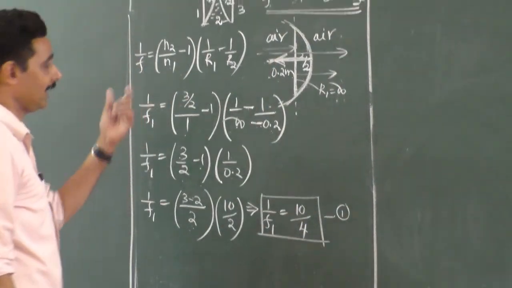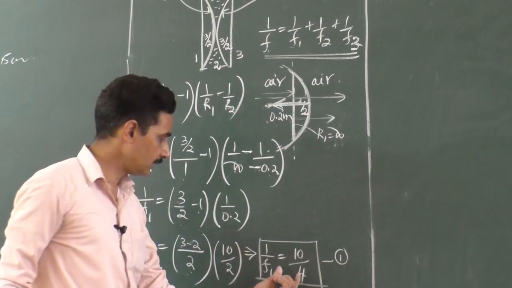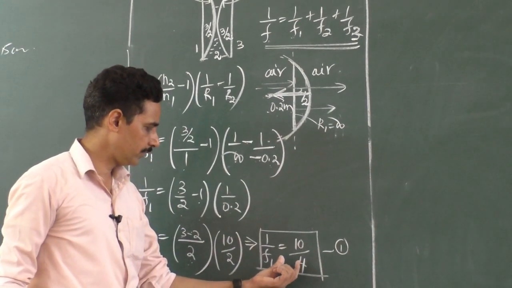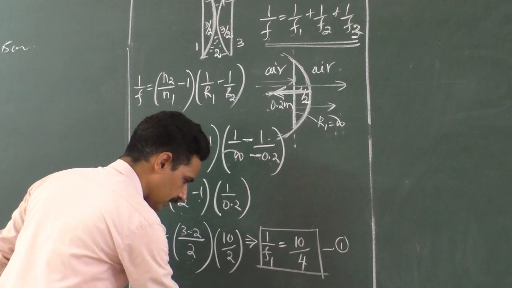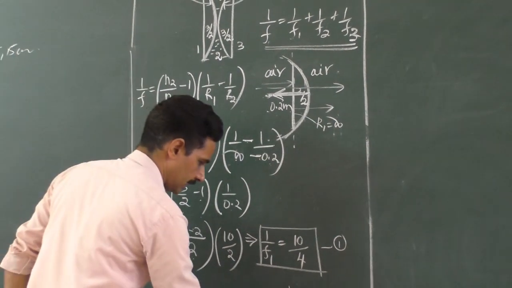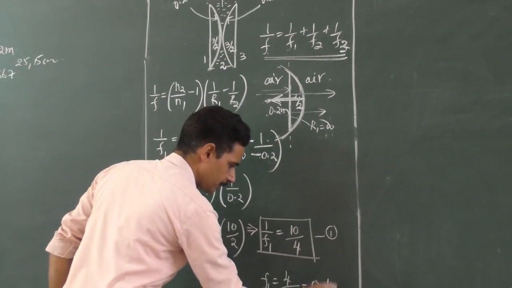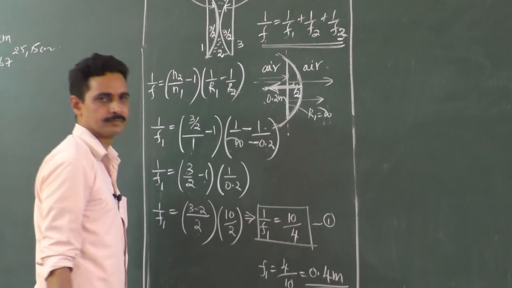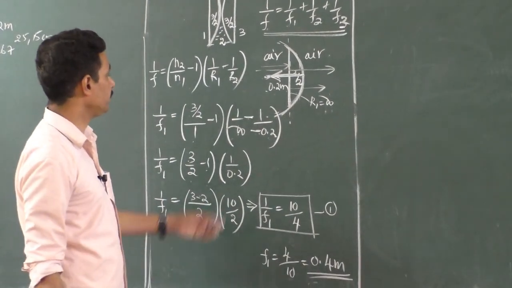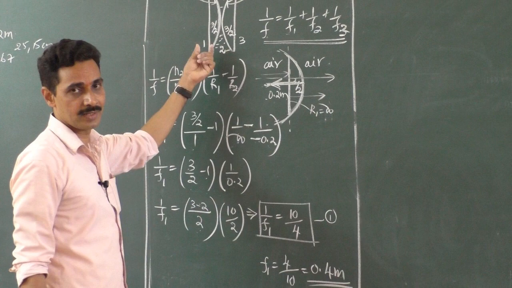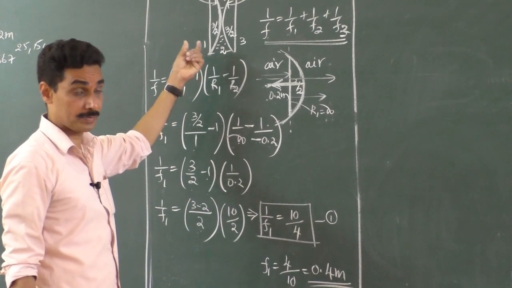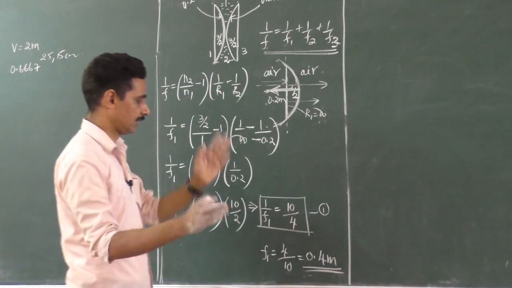Taking the first lens, we got this as positive, 1 by f is positive. The focal length of the first lens is 4 by 10, which is plus 0.4 meter. This plus 0.4 meter means this is a converging lens. Yes, it is a convex lens, maybe plano-convex, but still it is converging. It is not diverging the rays.